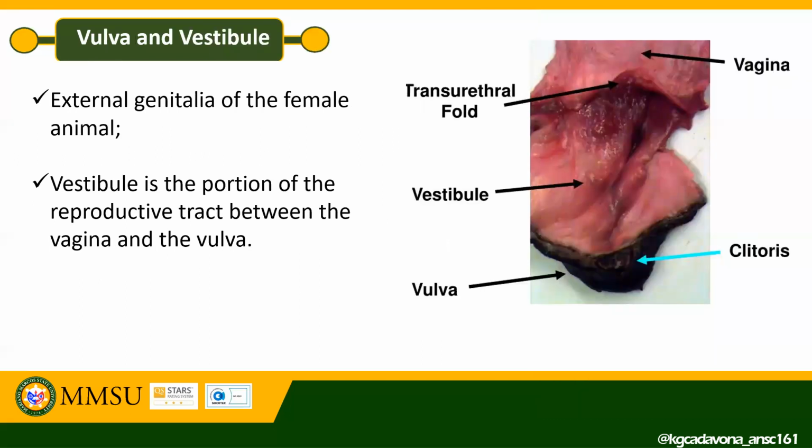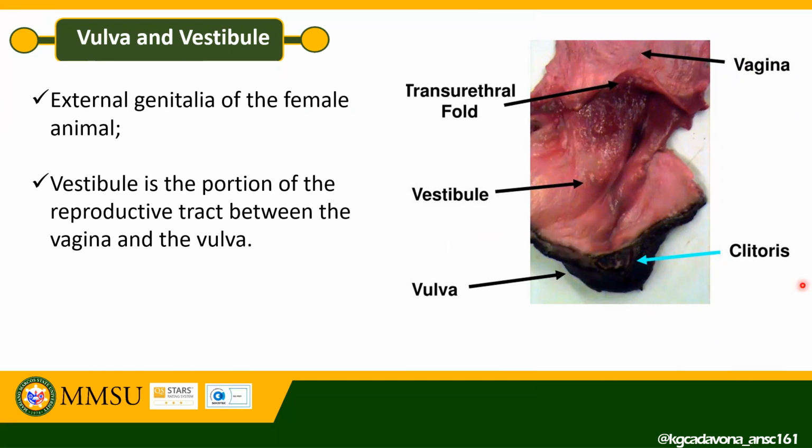Then lastly, we have the vulva and vestibule. So the vulva, this is the external opening of the reproductive system ng animals and even sa urinary system kasi dito naman lumalabas yung ihi ng mga animals. So if we base from the external anatomy of it, it comprises itong left and right labia.